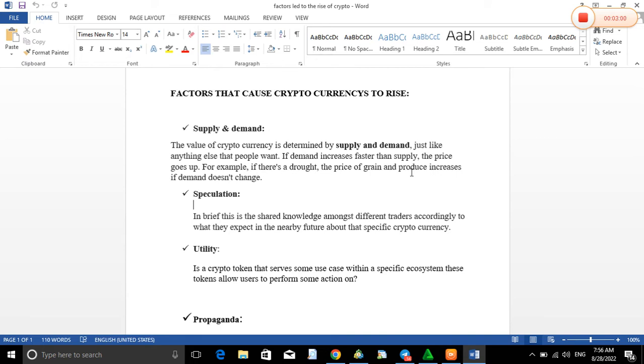But these coins being produced by the system, the 21 million coins, it's where people are going to exert pressure through buying and selling them.